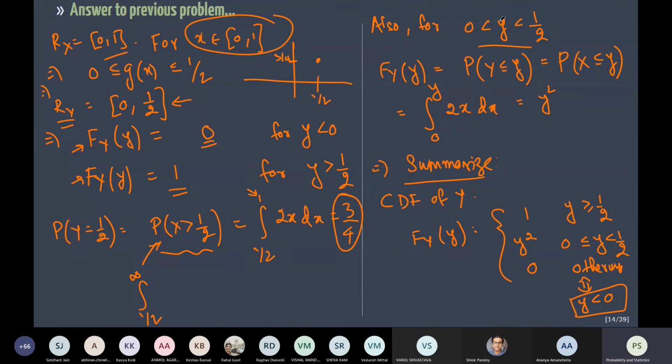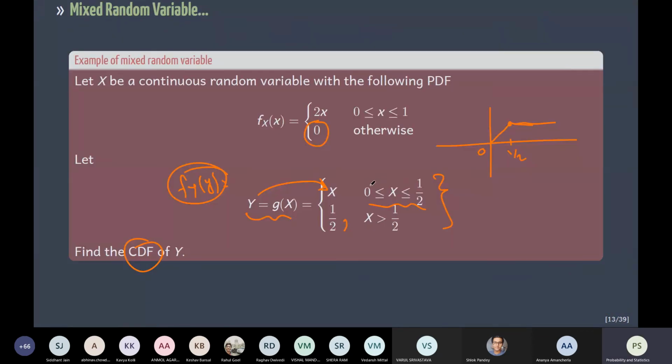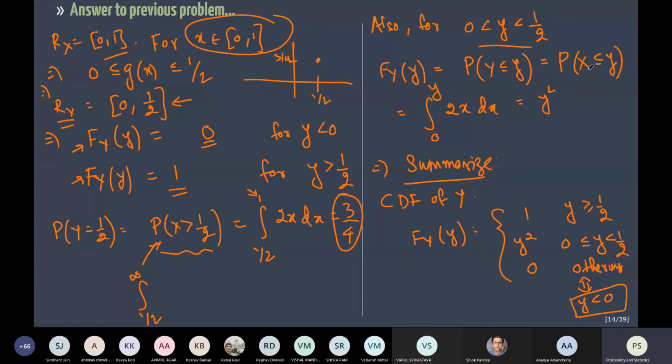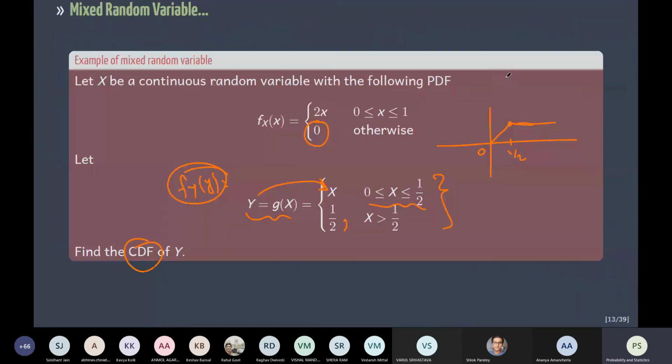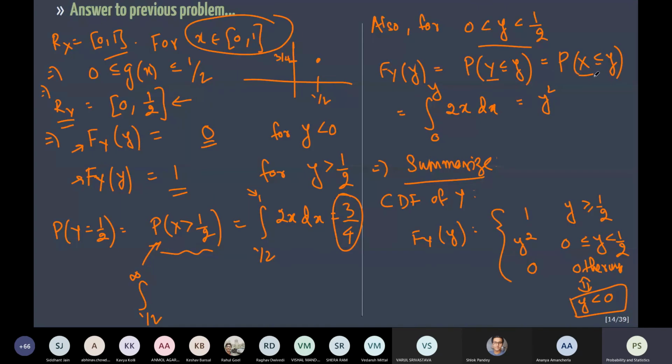But for y between 0 and half, y is x, so it is exactly the identity with x. Because y is equal to x for x values in that range, I could replace y by x here, and now this is asking for x less than or equal to y.